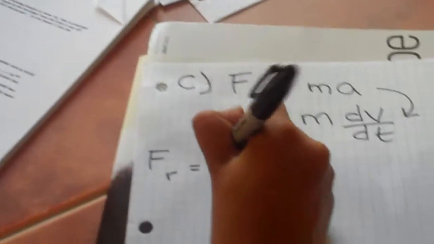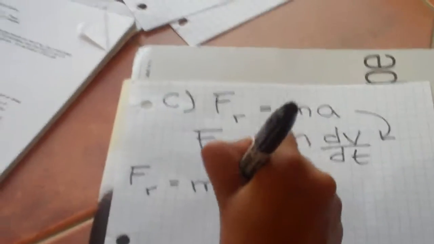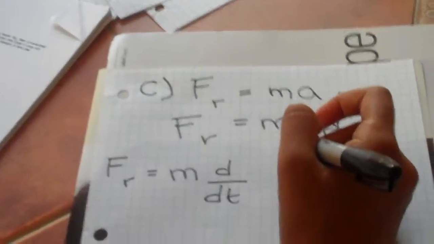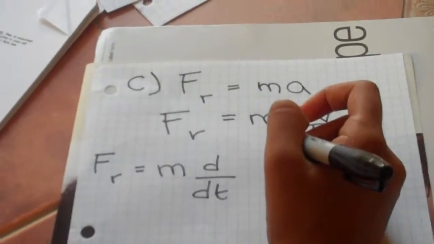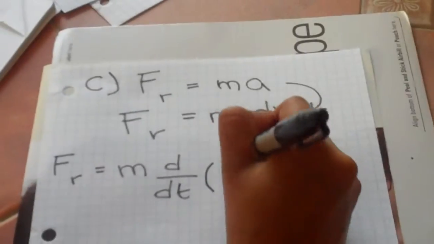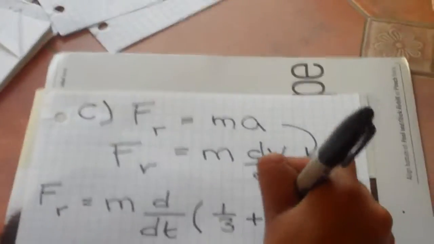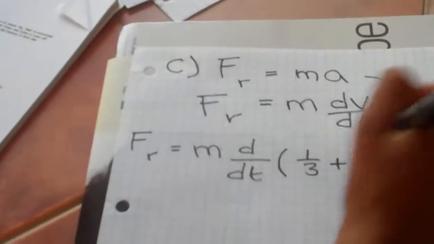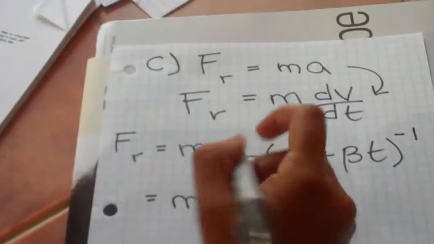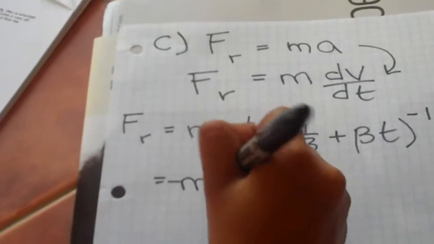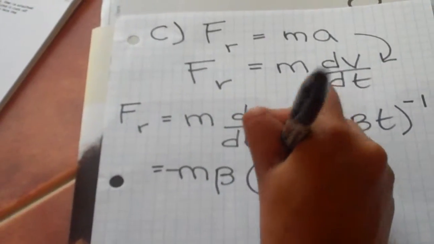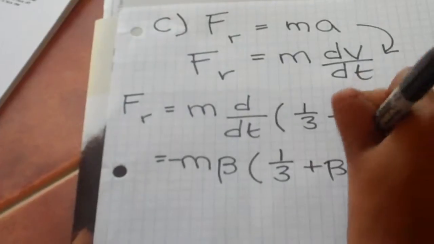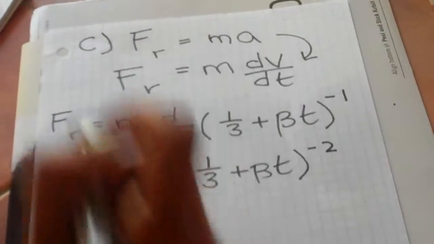So Fr equals mass times the derivative of our velocity expression. Now we're given 1/v as an expression, so we take what we're given, which is 1/3 plus beta t, and take that to the negative 1 power. Now we take the derivative of this whole section, m remains unchanged, and we get negative m beta times 1/3 plus beta t to the negative 2 power.